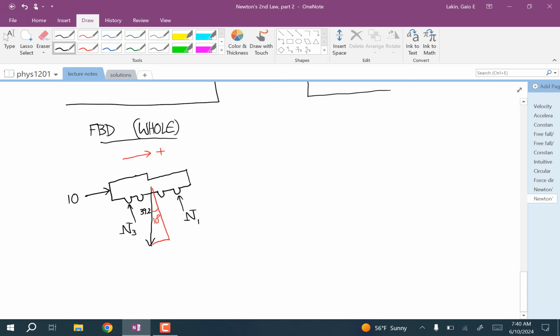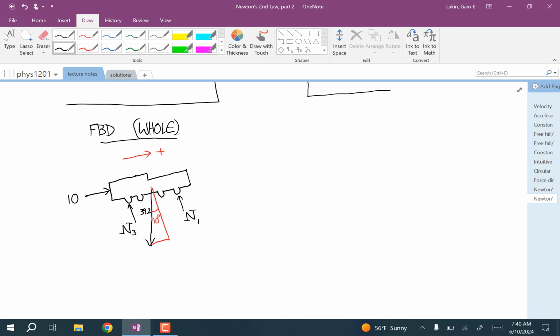So the one that's perpendicular to what I've drawn is not going to show up. We have to think about the sign. And you can see that this weight force is more than 90 degrees from that positive direction. And that means that this is going to be negative.